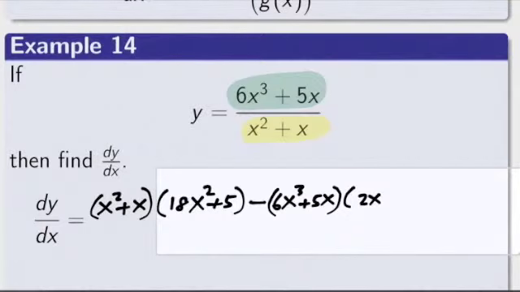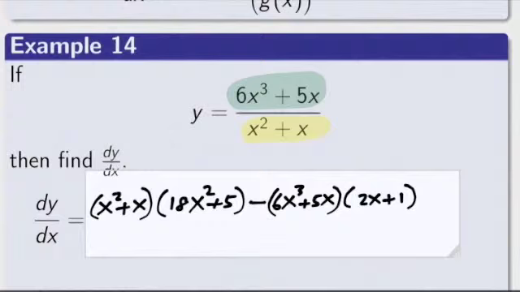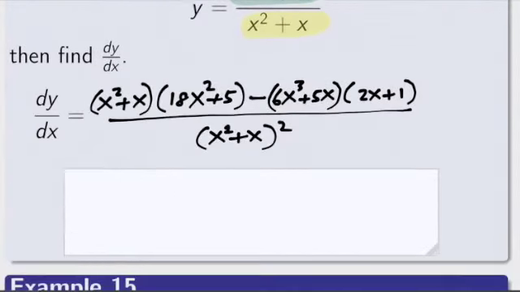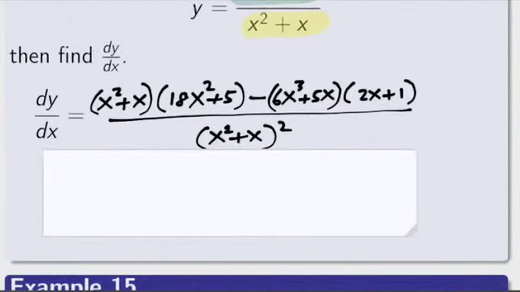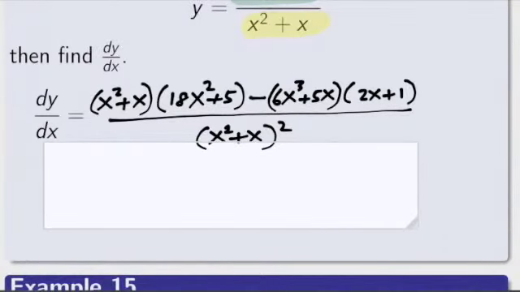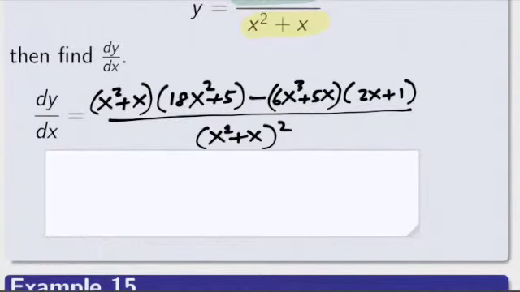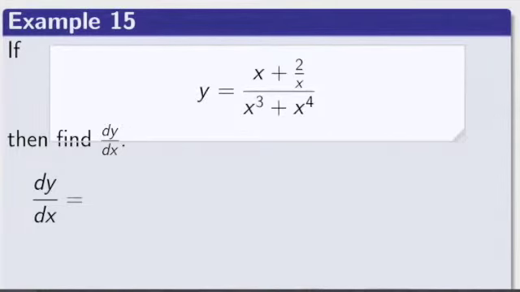So the derivative of x squared is 2x plus the derivative of x is 1, the whole thing divided by the function in the denominator, all squared. We can simplify the expression by expanding the numerator and grouping the like terms, which is left as an exercise for you to complete.